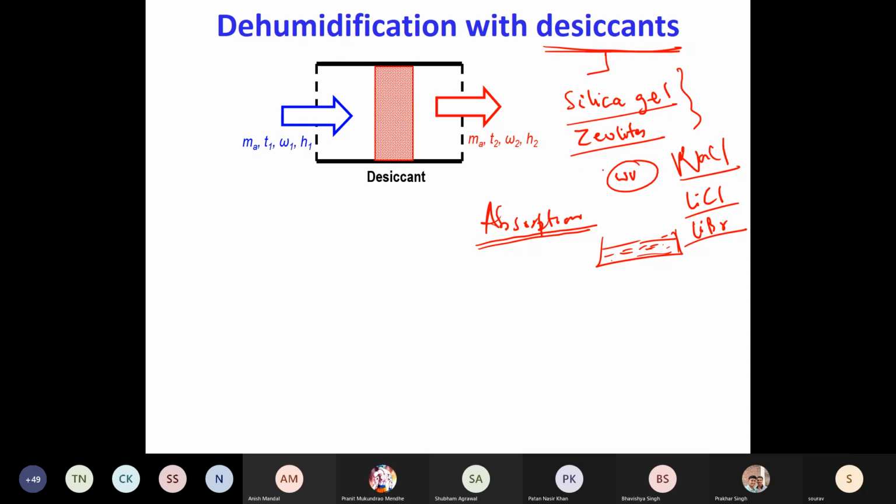Air has water in the form of water vapor, but when it gets absorbed into these materials, silica gel, zeolite, it changes its phase and becomes liquid, and hence it occupies less volume. That's why even a small amount of silica gel or zeolite is good enough to absorb a large amount of water vapor.